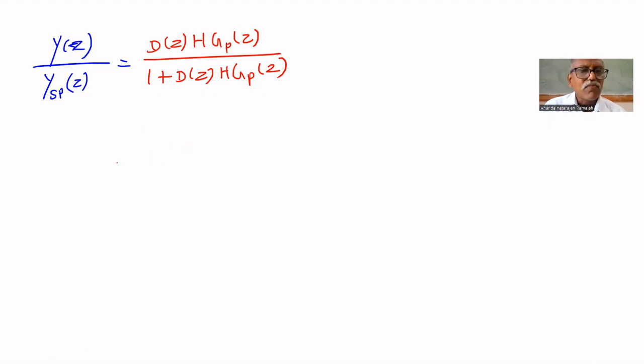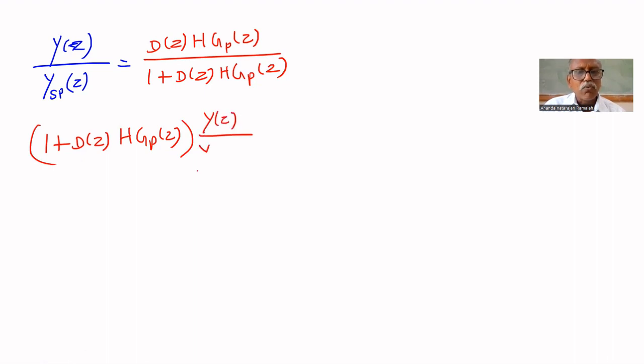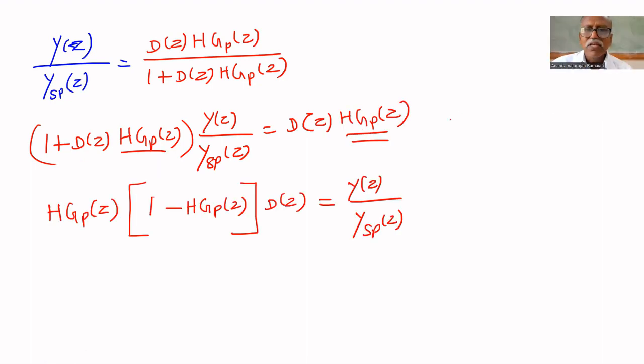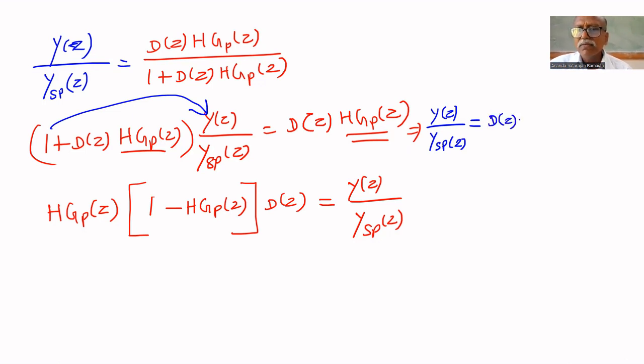Cross multiply: 1 plus D of Z HGP of Z multiplied by Y of Z upon Y set point of Z equal to D of Z HGP of Z. If you bring this to the right hand side, minus D of Z HGP of Z times Y of Z upon Y set point of Z. We got HGP of Z in both cases, that's why that is taken outside.